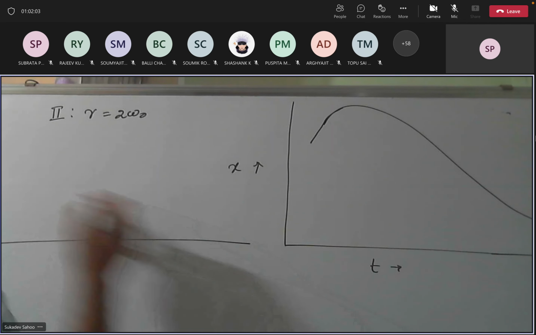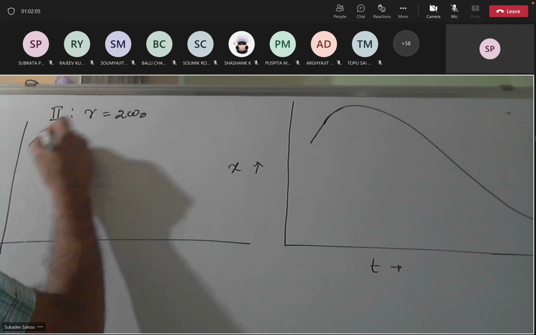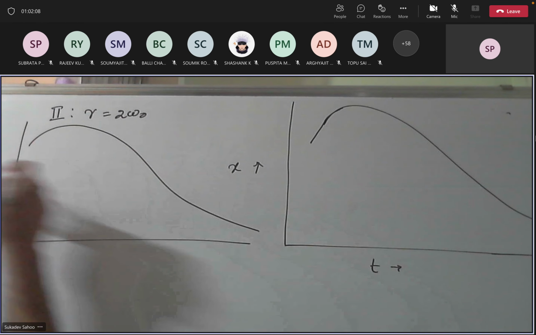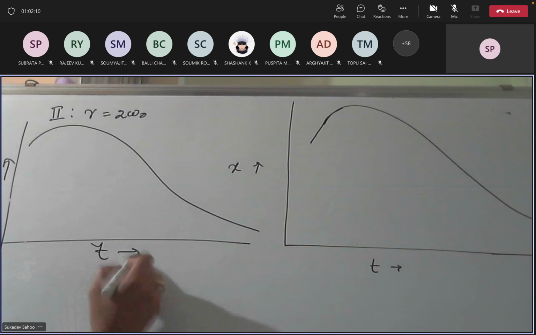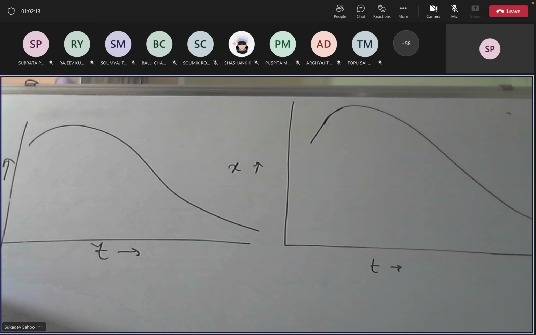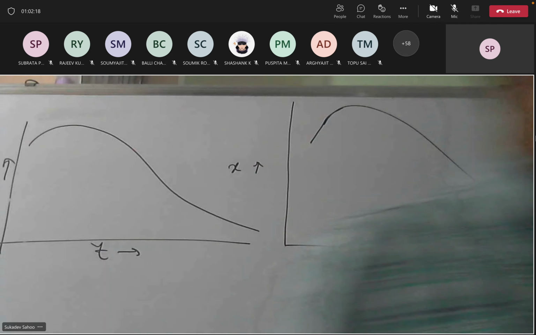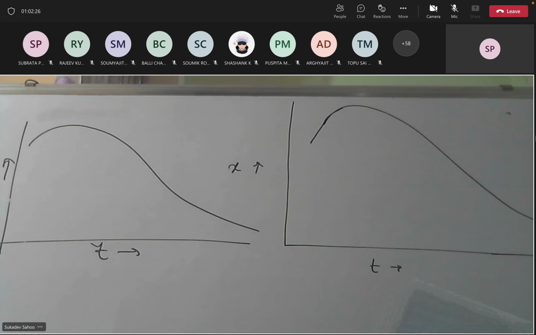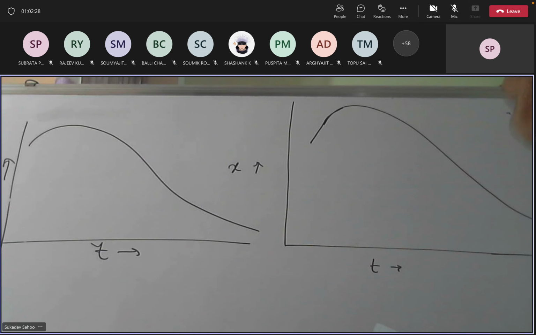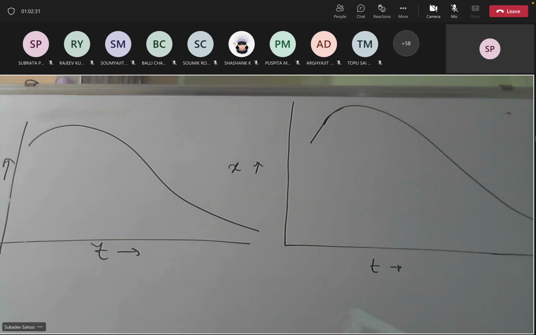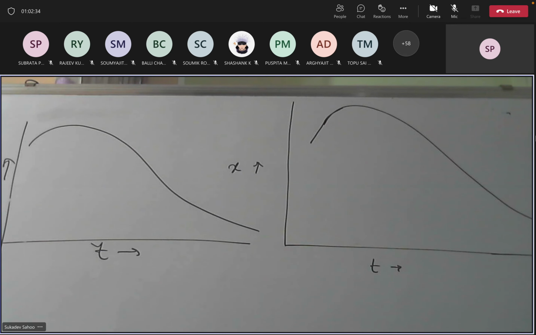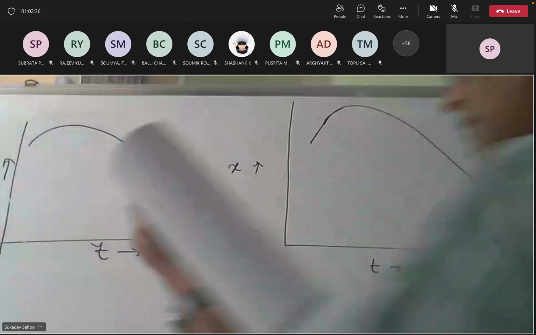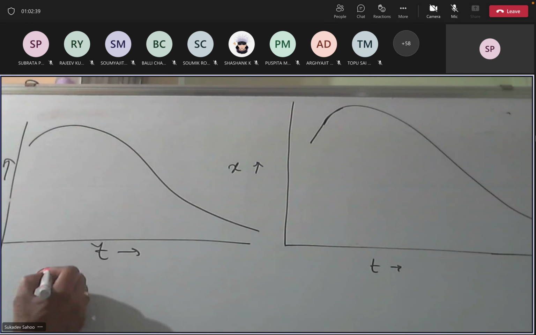Then I am drawing here. Okay, this is the x, this is the t. So in this case, you can write one sentence: the displacement after passing its first maximum decays asymptotically.